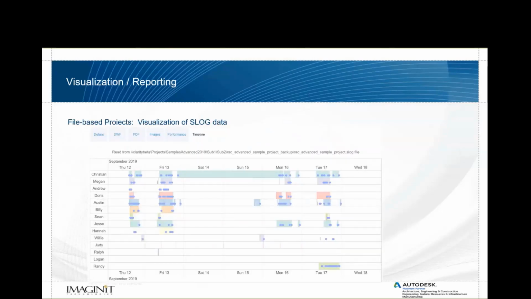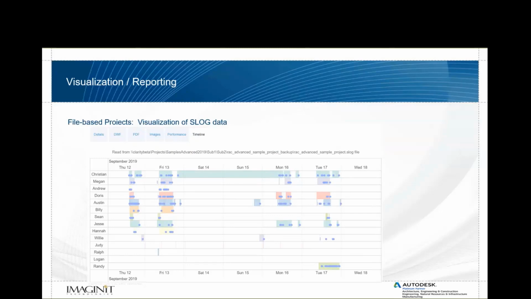Another interesting thing that we did was, for file-based projects, there's this great source of data, which is the slog file for each project, and we felt like we ought to be trying to make more usage out of that.